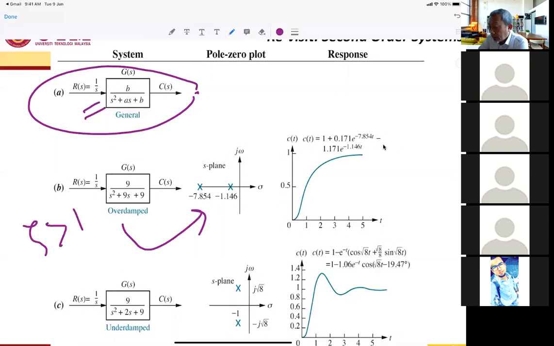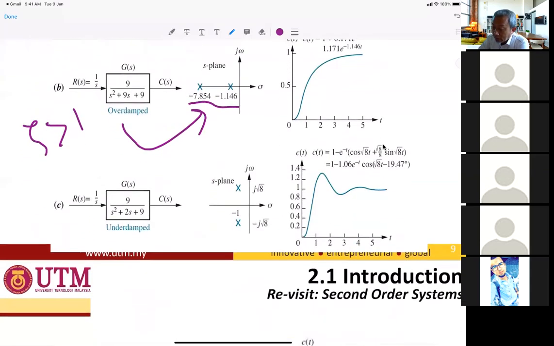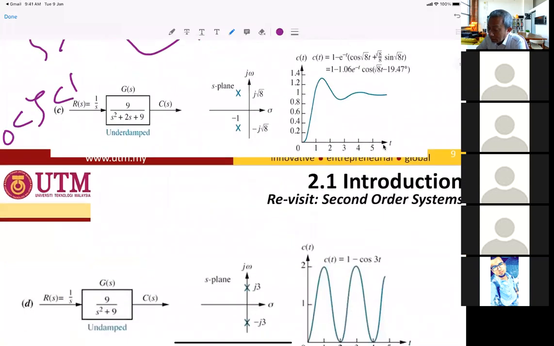Overdamped means zeta greater than 1, and it will give you 2 different real pole values. The second one is underdamped, where zeta is between 0 and 1, and the poles are complex conjugates, as shown in slide number 9.